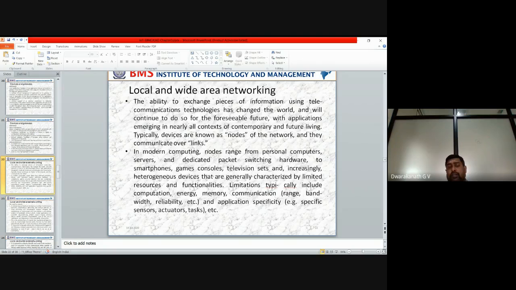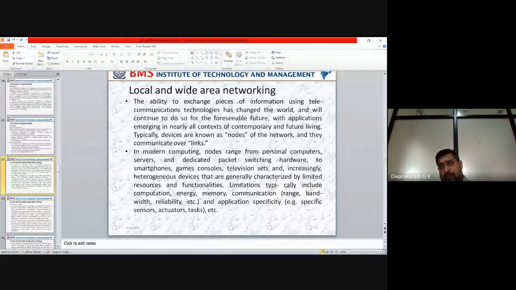The first thing we are going to discuss is why we need a network, and later two types of networks, LAN and WAN: when we should use a local area network, and when we should use a wide area network, especially in the projects that we are going to see in this session.